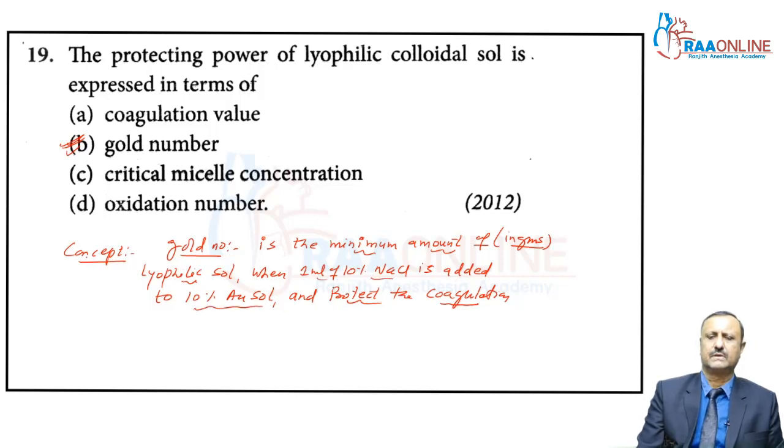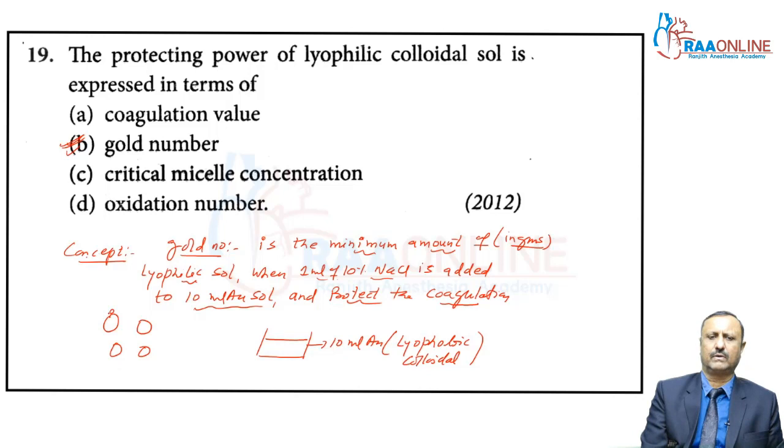My dear students, you can see here, 10 milliliter gold sol is taken, and this gold sol is a lyophobic colloidal sol, and you know that the particle size of lyophobic is greater than lyophilic.